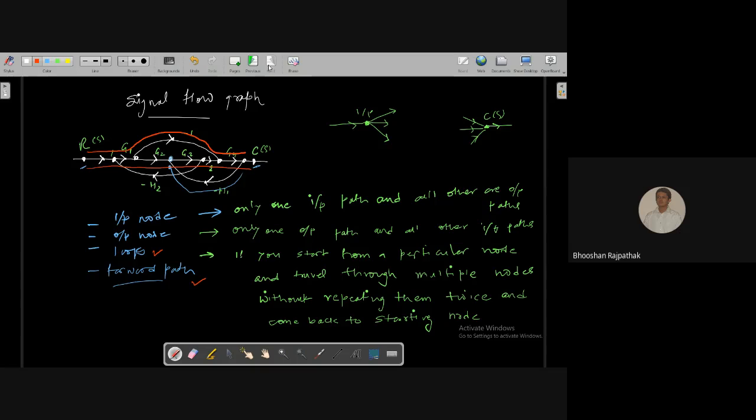So how to calculate the transfer function? I will list the steps to find TF.